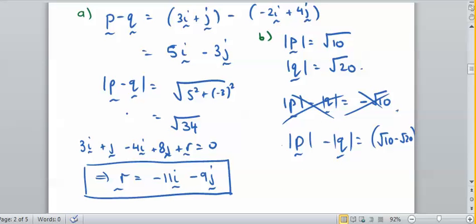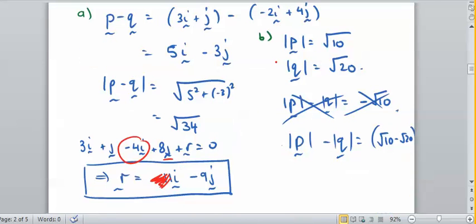What did I do? Oh, okay. Yeah, I think I just added the wrong thing there. Negative over there is positive I. So it's I minus 9J.